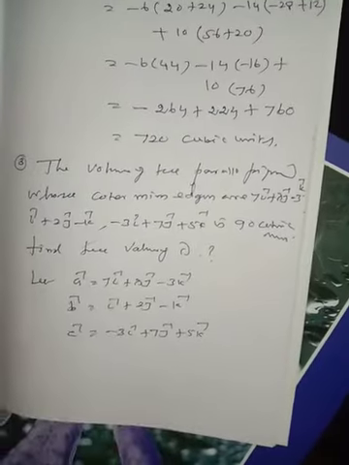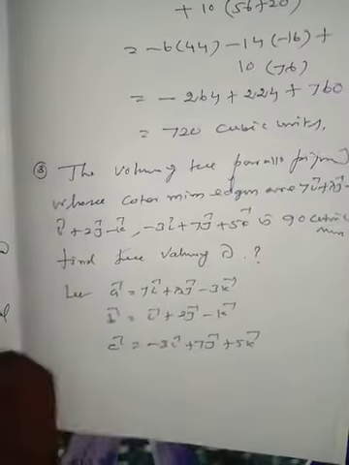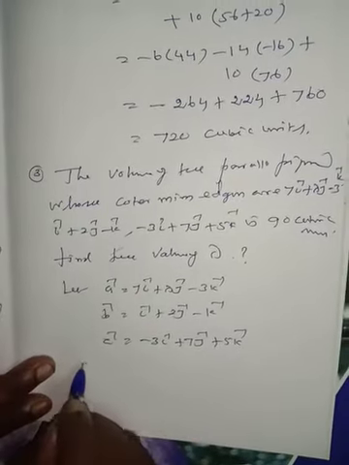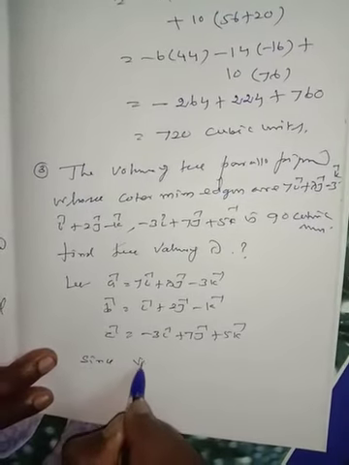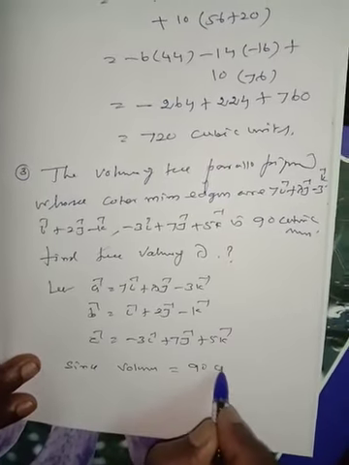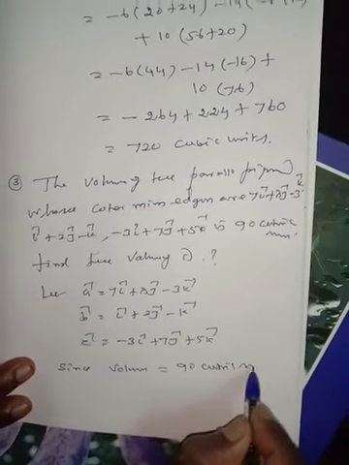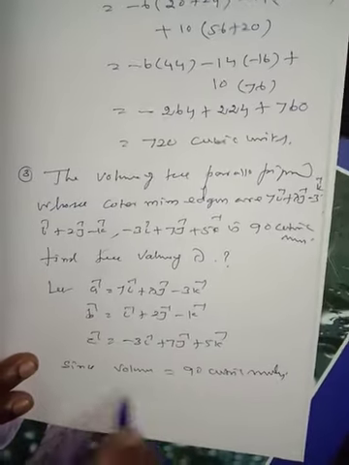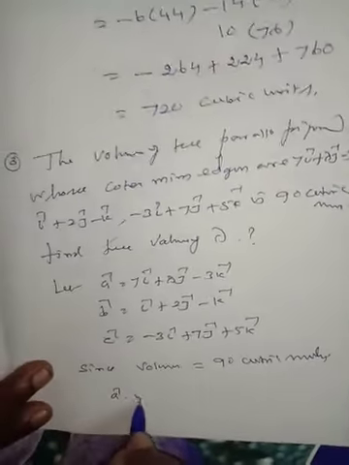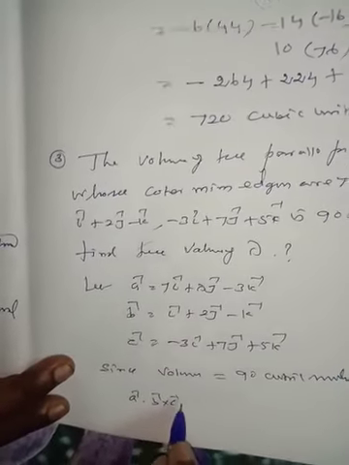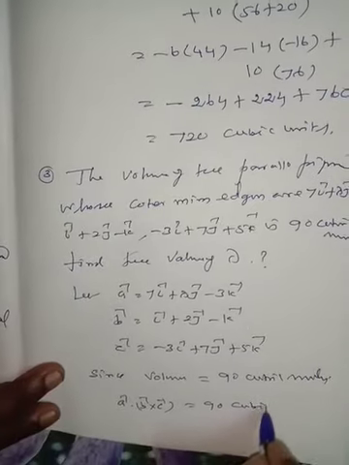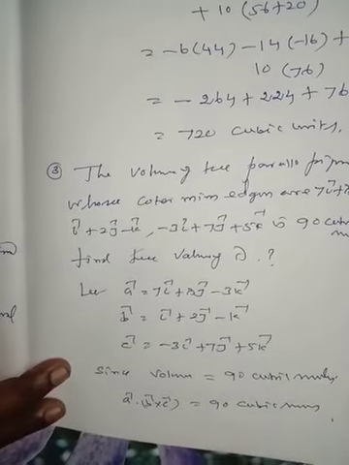Now the volume is given by 90 cubic units. Volume means the box product of a, b, c, a dot (b cross c), which is equal to 90 cubic units.